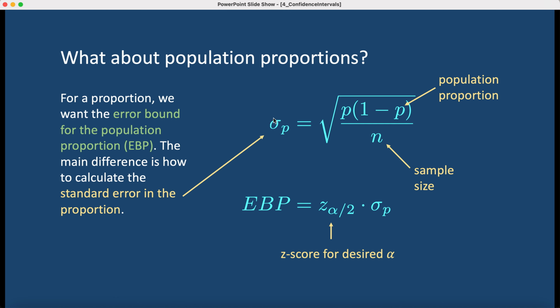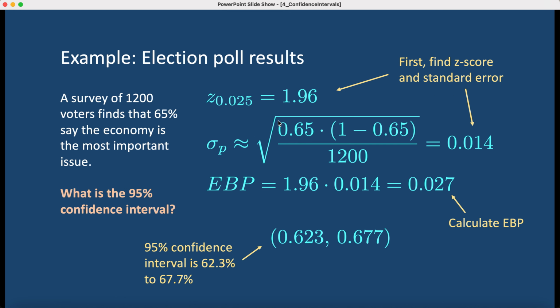That gives us the standard error in the proportion, which works out to 0.014. Then we calculate the error bound for the proportion just like always. Multiply the correct z-score by the standard error, and that gives us the error bound. Add and subtract this from the sample proportion, and it gives us this range.